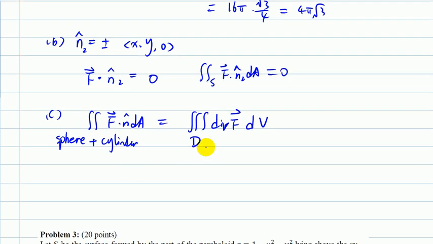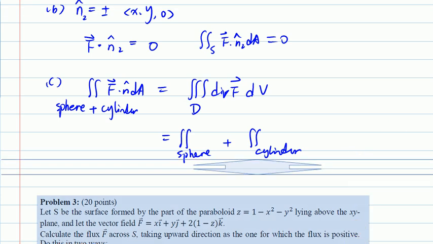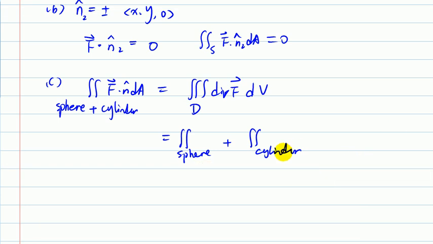Let's expand this term here. When you have two surfaces added together, one is a sphere and one is the cylindrical surface. What's the flux across the cylindrical surface? We did that in part B; this portion here is 0.